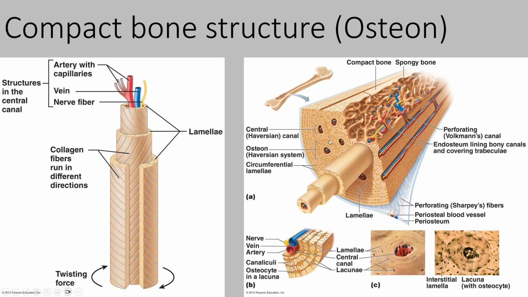Interstitial lamella fill in the spaces between neighboring osteons. And finally, running around the entire bone is another type of lamella called a circumferential lamella. Circumferential lamella surround the entire bone.